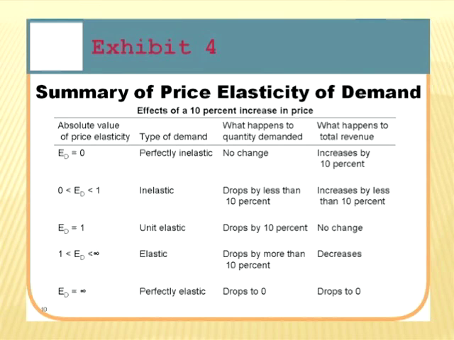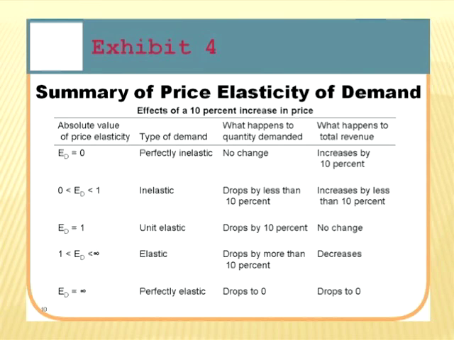In the case of unit elastic, and again, if the word elastic is a stumbling block, think in terms of responsiveness. In the case of unit elastic, we change price by 10%. The quantity demanded drops by 10%, and the total revenue does not change at all.